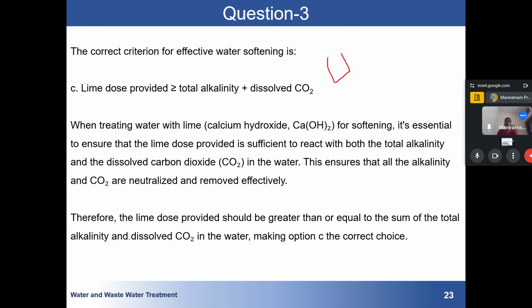This ensures that all alkalinity and CO2 are neutralized and removed effectively. Therefore, the lime dosage should be greater than or equal to the sum of these. If you have any confusion about total alkalinity, you can check out the previous video lecture which I have uploaded on the YouTube channel.